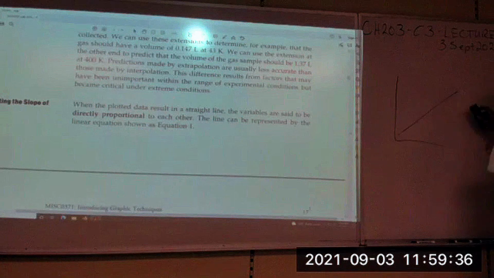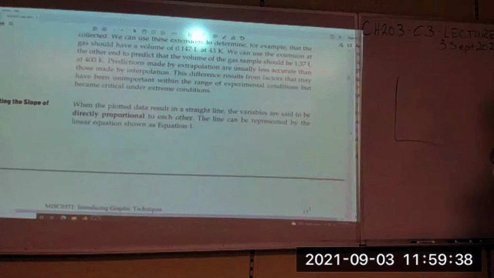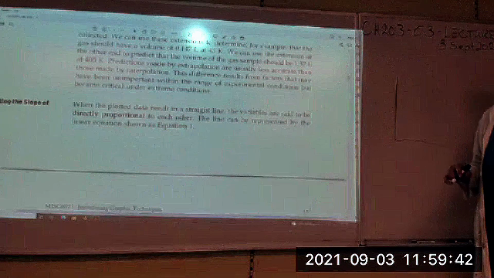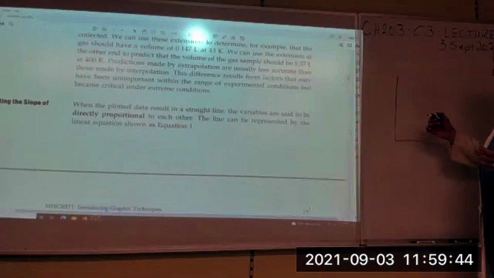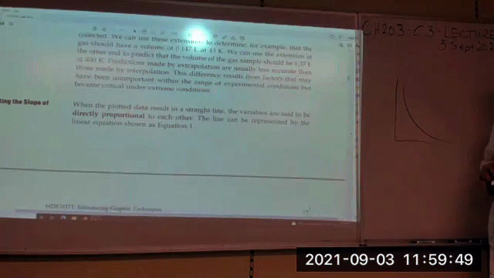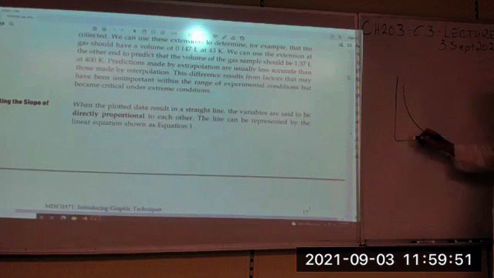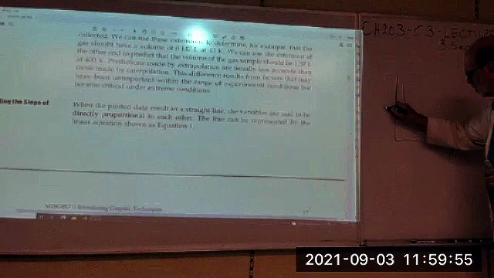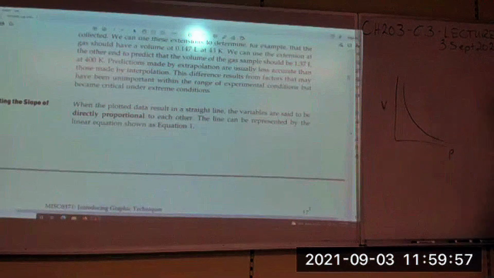Whereas, and that's with the 1 over V data as example. But with the straight data, just the pressure and volume, where you have this, that's an inverse proportion. Because as the pressure gets greater, the volume gets less. Inverse, direct versus inverse.